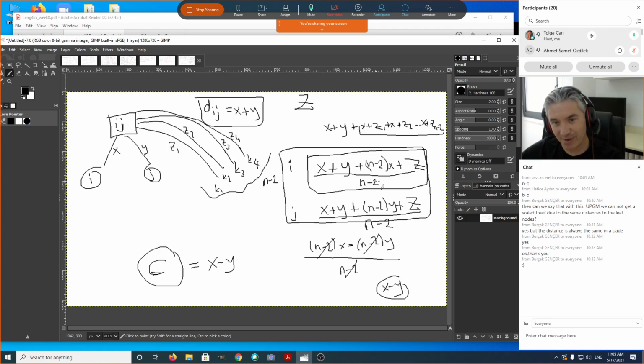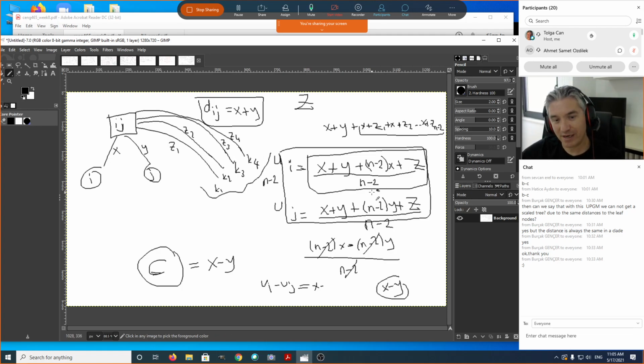If I divide this by n minus 1, this is, by the way, ui, and this is uj, as defined on the slide. So ui minus uj, if you divide the entire terms by n minus 2 like this, nicely gives me x minus y.